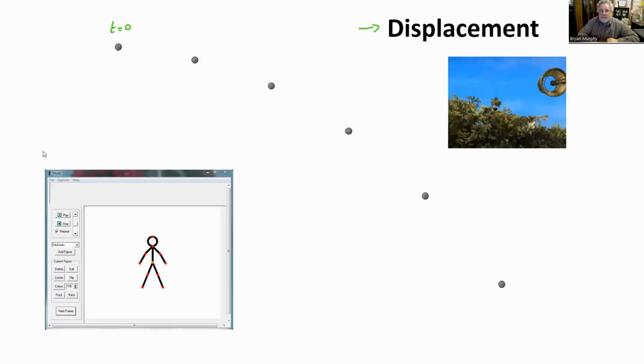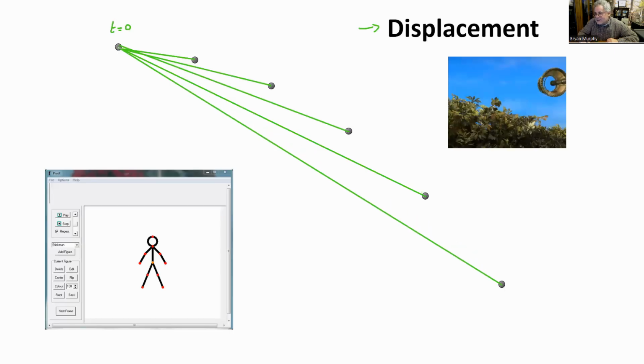Well, the first interval of time, that is its displacement, then that, and then that, and then that, and then that. That is the displacement. And we're going to see how we can work out that particular vector later on. That is how far it's gone from the initial position.